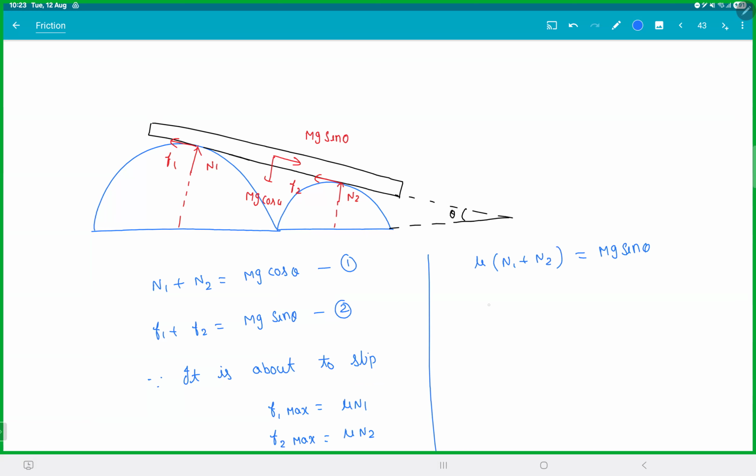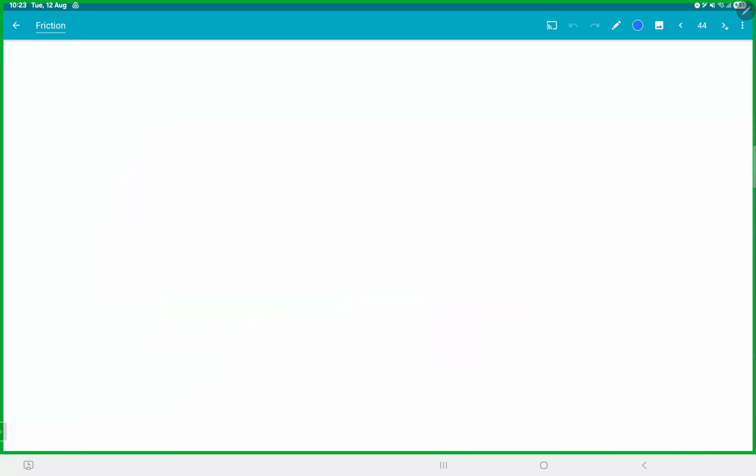But N1 plus N2 is mg cos theta. Again, we got the same thing, angle of repose. Clear? Now, I think you must have got till here. If you got till here, then you goofed up the geometry only.